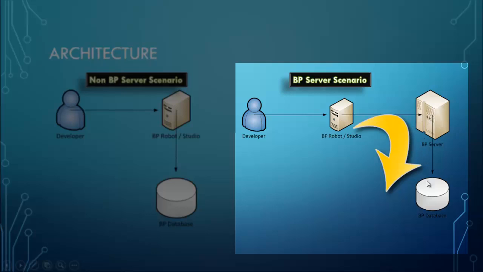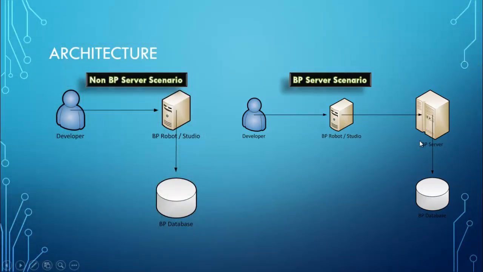BluePrism server does all the authentication from the database, all the communication, and then results get back to your studio. In this scenario, if you deploy multiple robots here, they will connect to this central BluePrism server. This is the basic concept. We will come to it again if required in the video.